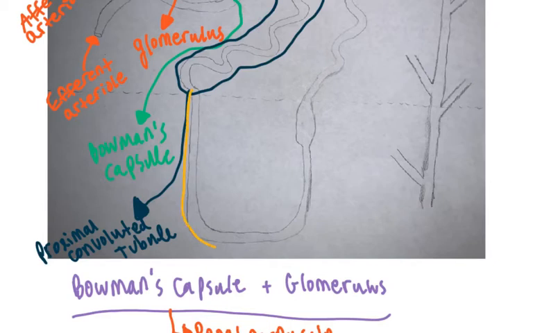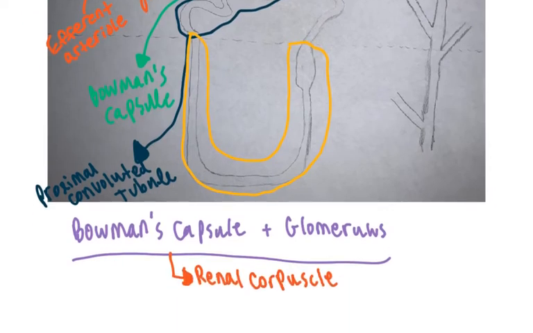This whole loop here that we see in the picture is actually going to be called our loop of Henle. So let's write that down. If we dive a little deeper and talk about some of the substructures of the loop of Henle, the part that's descending is going to be called the descending loop of Henle.